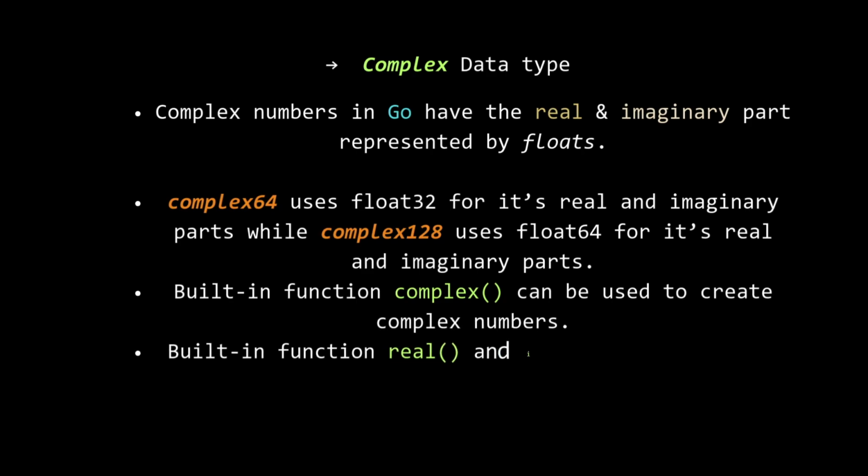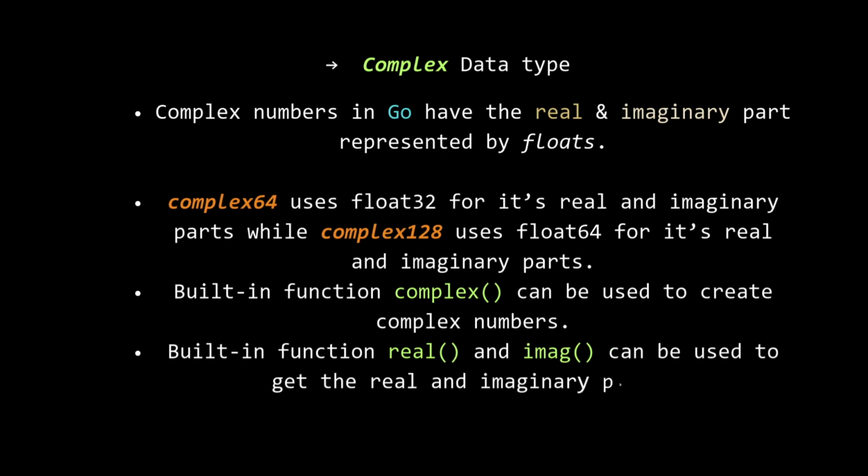For the complex data type, we have the built-in function complex, which can be used to create a complex number. We also have the built-in functions real and imag, which can be used to get the real and the imaginary part.